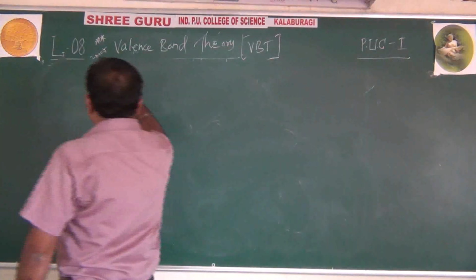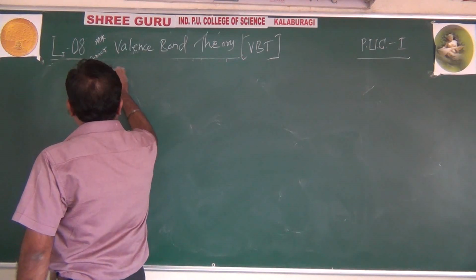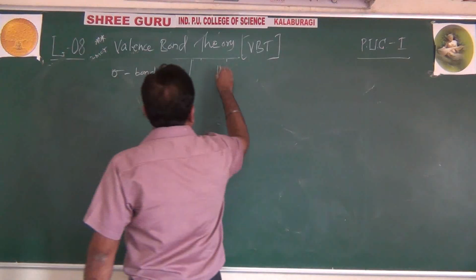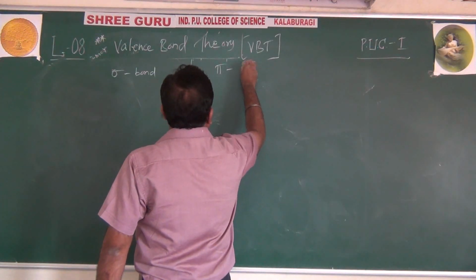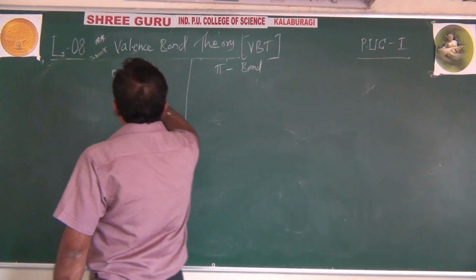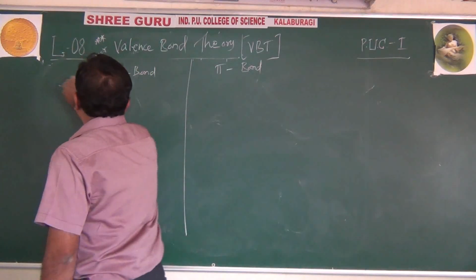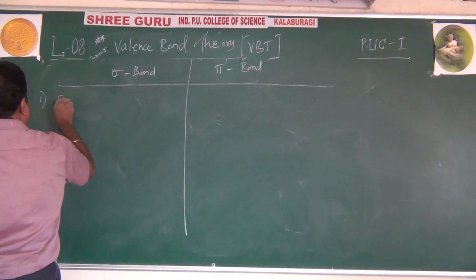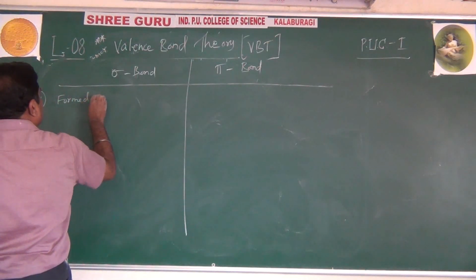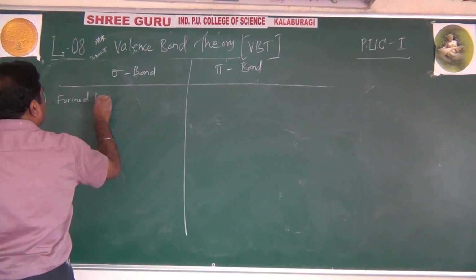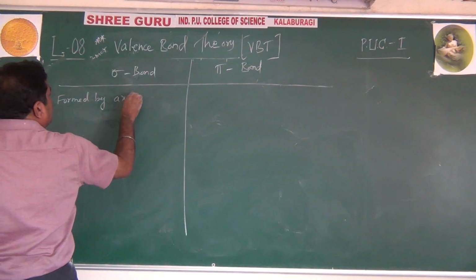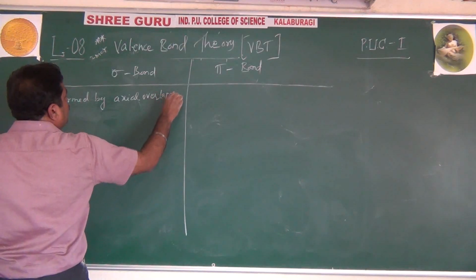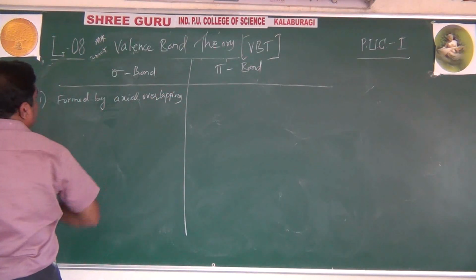Now coming to lastly, differences between sigma bond and pi bond. Let us see. First we already wrote the first one: formed by how? Axial overlapping, or overlapping of atomic orbitals along the internuclear axis.